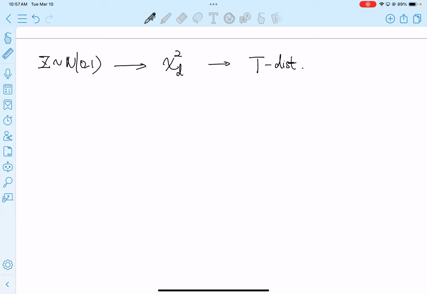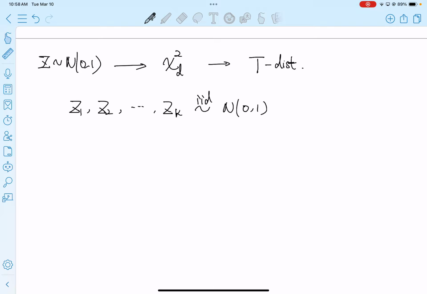Okay? So now I'm claiming that if I have Z1, Z2, all the way to ZK, let me use the letter K, each of them independent, identically distributed with a standard normal distribution, that means mean is 0, variance equal to 1.